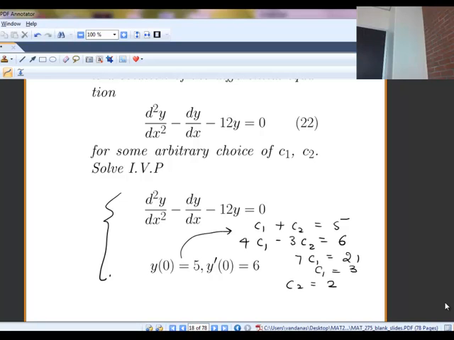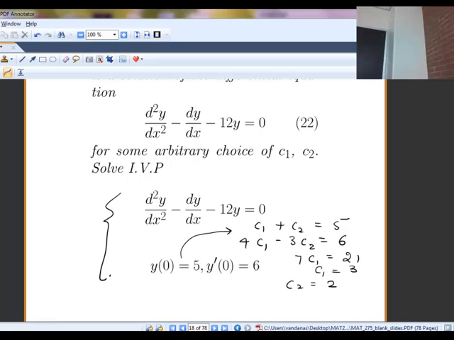You have here y double prime minus 5y prime plus 6y equals 0, right? So if y is e to the power lambda x, then y double prime will be how much? Okay, what is y prime? Tell me what it is.